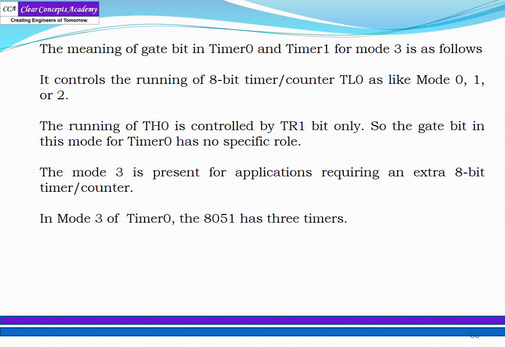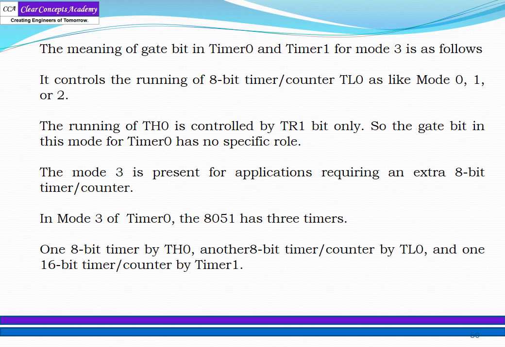In mode 3 of timer 0, the 8051 has 3 timers: one 8-bit timer by TH0, another 8-bit timer or counter by TL0, and one 16-bit timer counter of timer 1. In mode 3 there will be 3 timers playing the role.